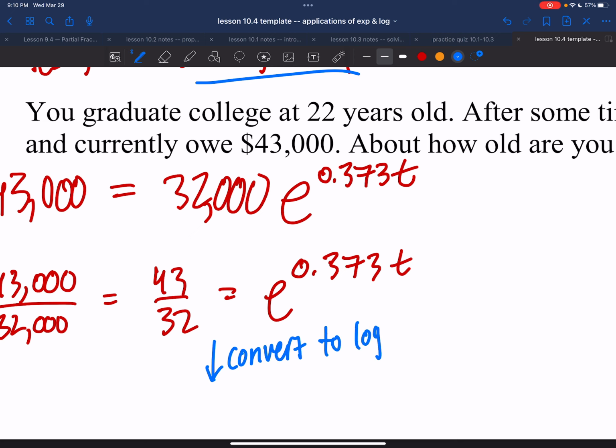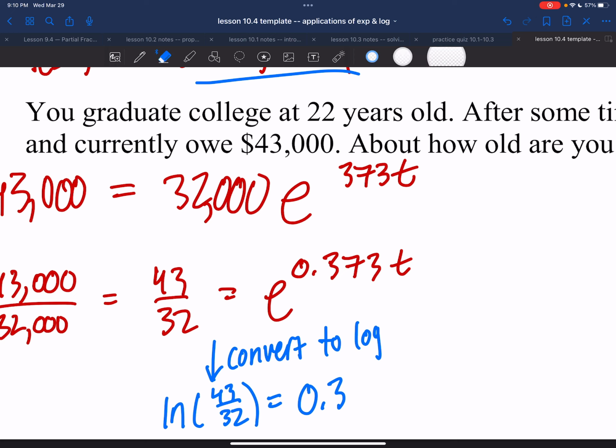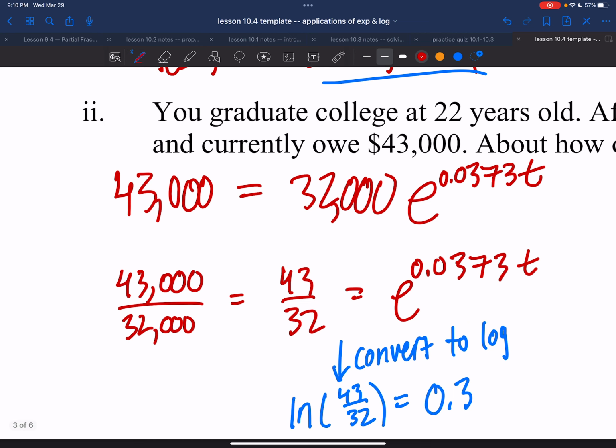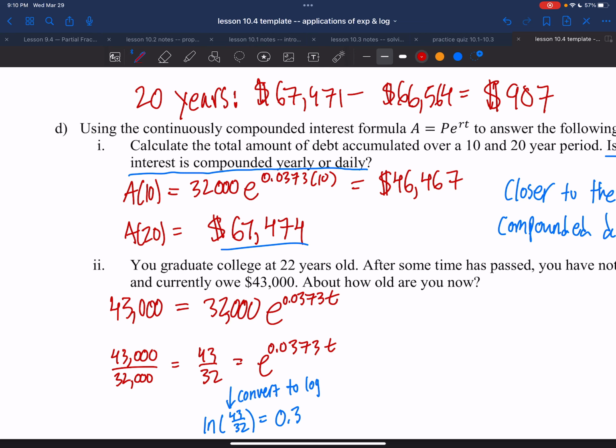The base is log base e, so we're going to use natural log of the argument, which is 43 over 32, equals the exponent 0.0373. Careful, almost made a fatal mistake there.